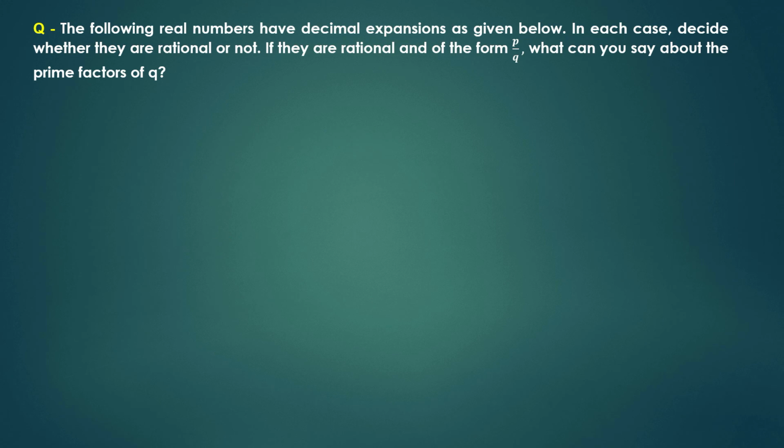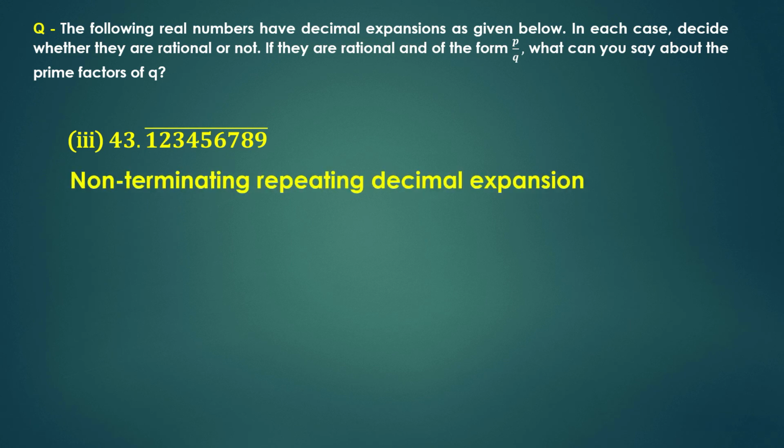Moving on to the next number, which is 43.123456789, where 123456789 repeats itself, we can see that this number is a non-terminating repeating decimal expansion, which means this must be a rational number.